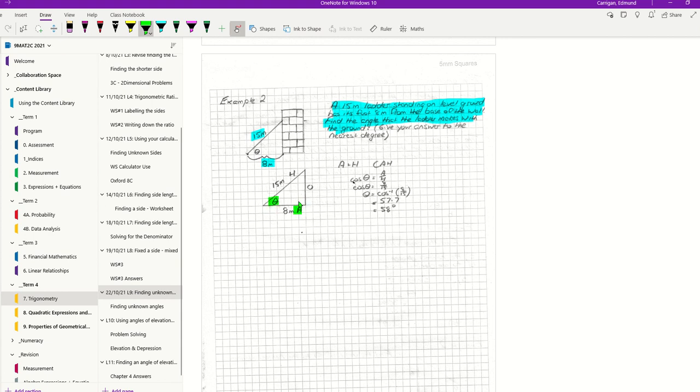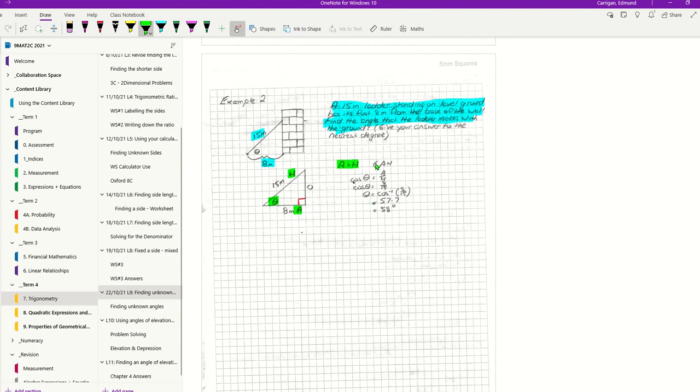I forget to put in my little right angle square there, which would be better if I did. H is facing the right angle, O is the other one. Now I can see here I've got 8 next to the A. I've also got 15 on the H. I've got A and H.